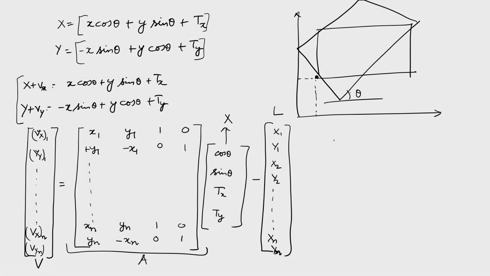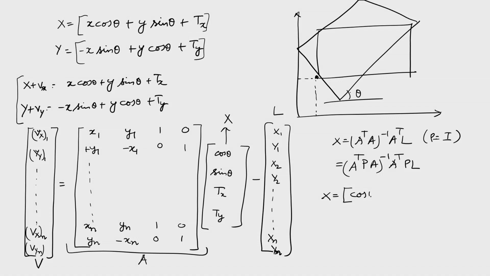And now you can use X equals A transpose A inverse A transpose L, or I can also use the weight matrix P; in this case I assume P is equal to the identity matrix, and here it is not an identity matrix, so I am writing this thing. So, that is the idea. If you observe X, what is this X? This is the matrix cos theta, sin theta, T x and T y.